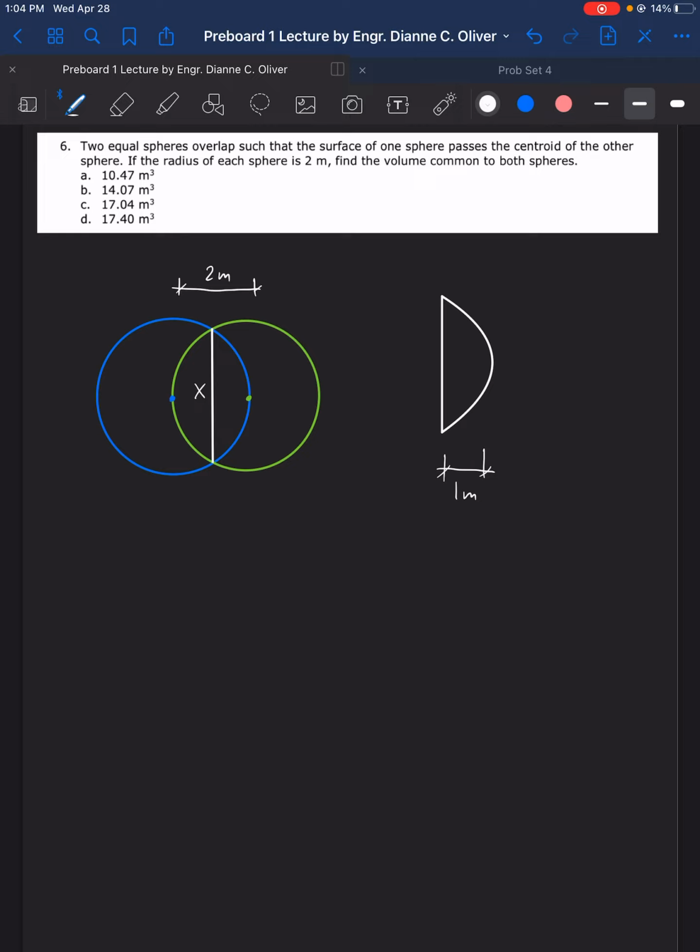And the volume is equal to pi h squared divided by 3 times 3r minus h.